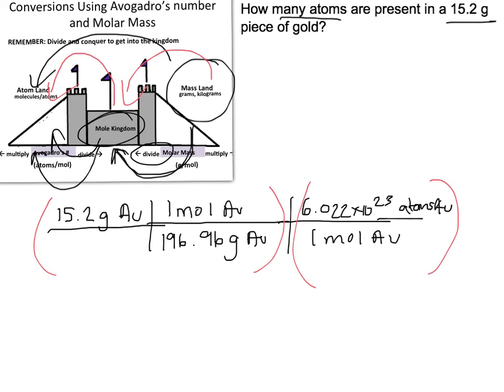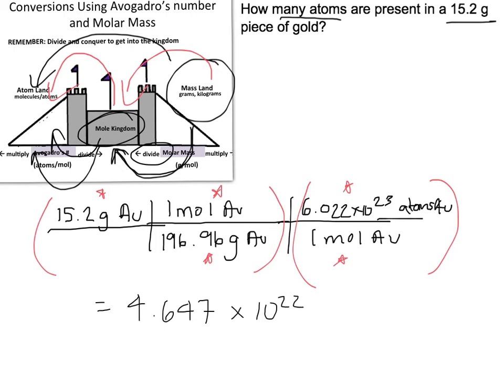So when we go to do this calculation in our calculator, what we're going to do is we're going to multiply 15.2 by 1 and then multiply it by 6.022 times 10 to the 23rd. That answer is then going to get divided by the 196.96 times 1. Okay, and that's going to give us an answer of 4.647 times 10 to the 22nd.